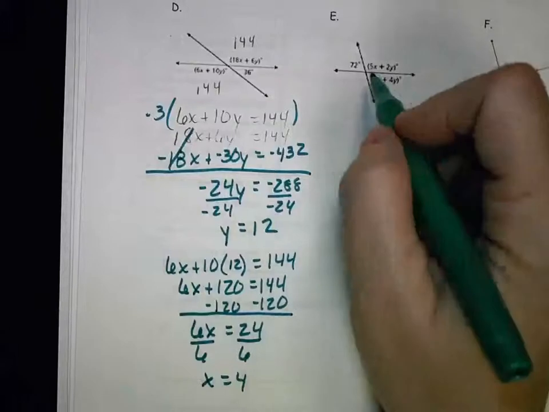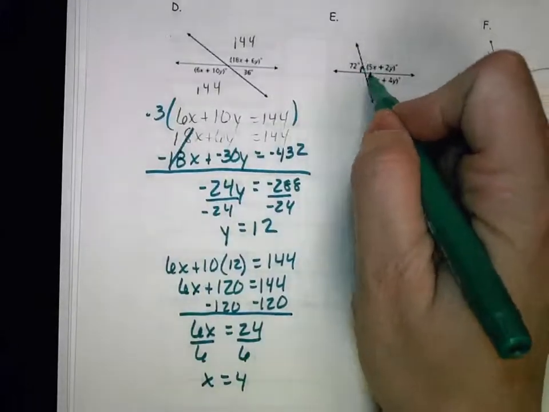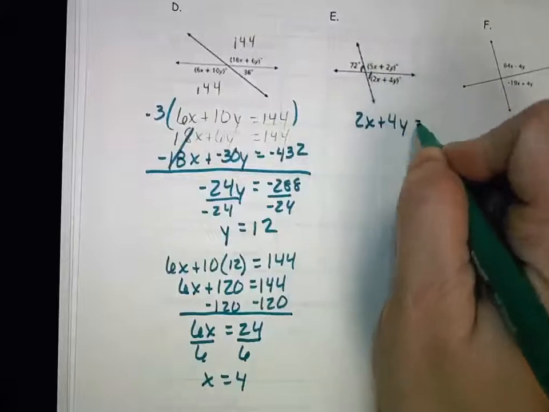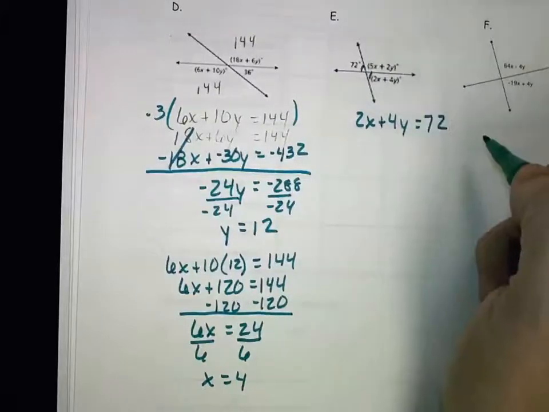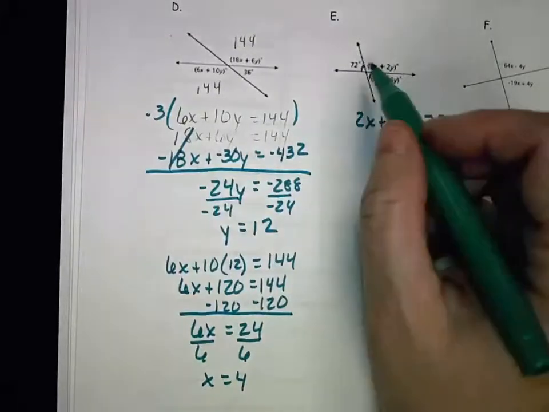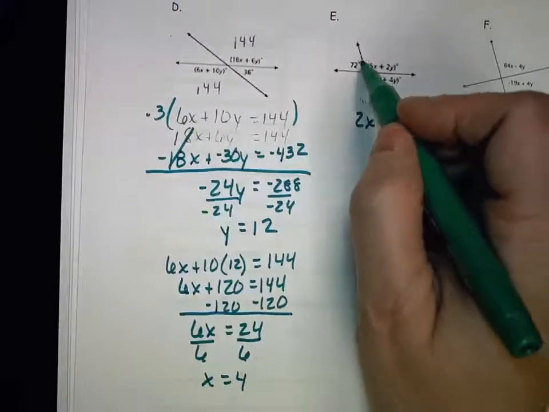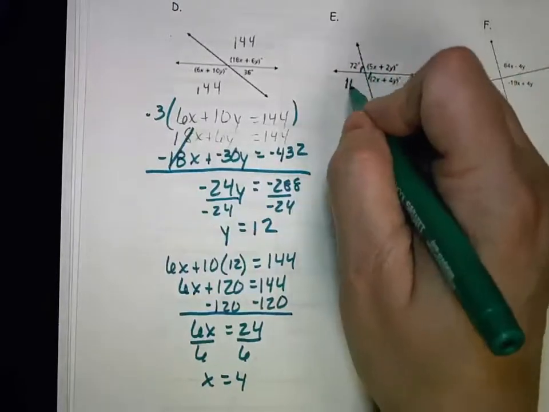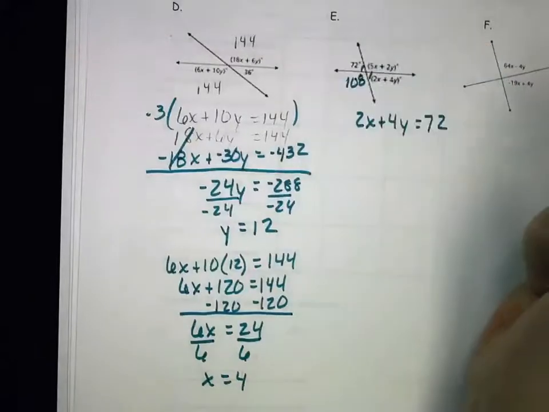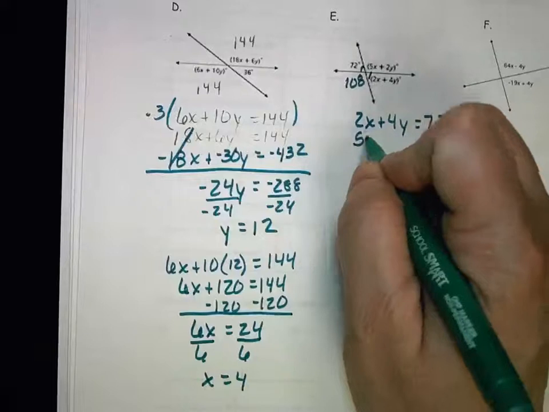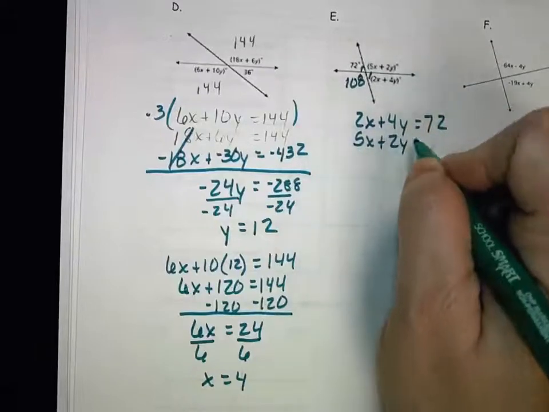Letter E, these vertical angles are congruent. So 2x plus 4y equals 72. This angle right here will be 180 minus 72, which makes that angle 108. And then these vertical angles are 108.